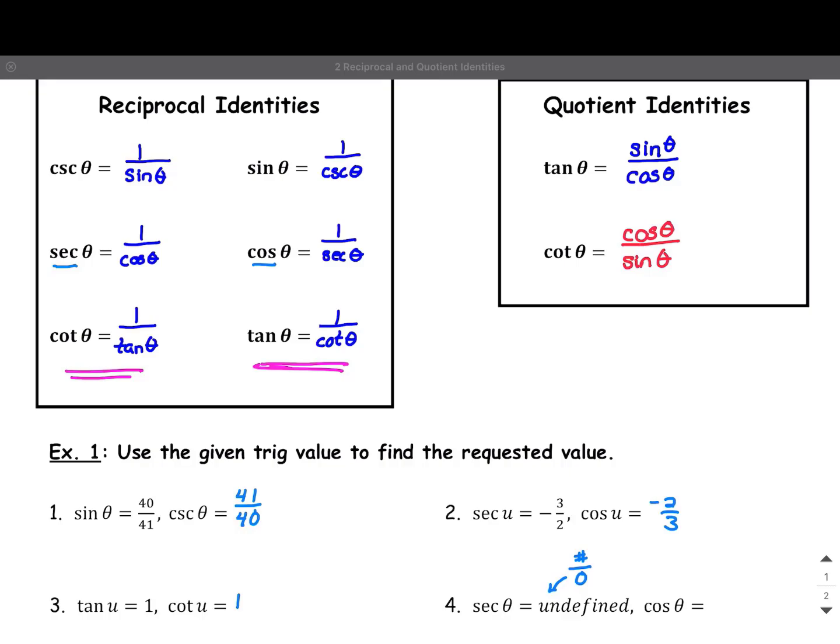So if we take the reciprocal of that, and I don't know what the number on top is, but if I take the reciprocal, now I have 0 divided by whatever that mystery number is. And no matter what that mystery number is, when I divide it into 0, I'm going to get 0. So if one of my trig functions is undefined, its reciprocal is 0.